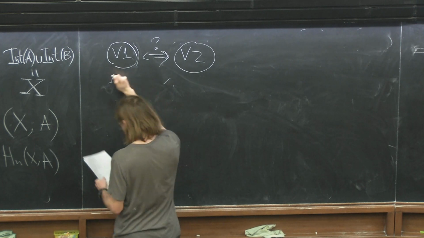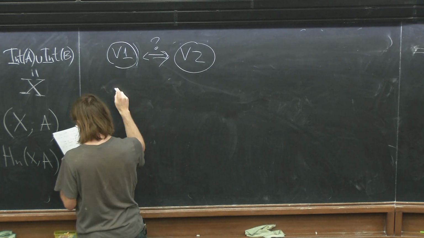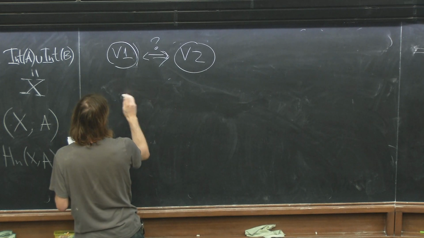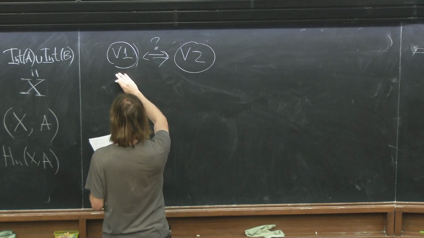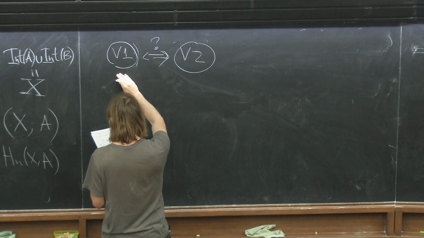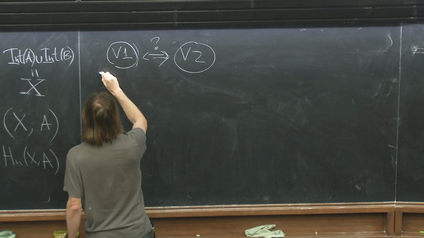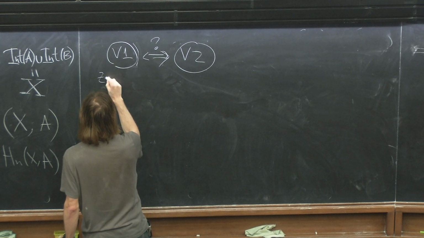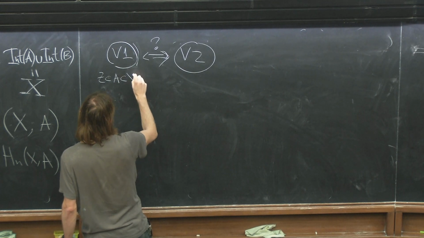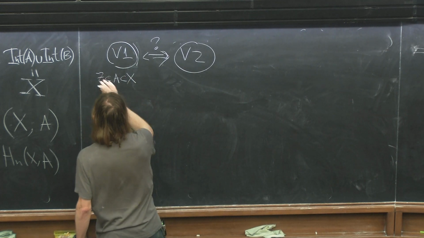Let me remind you. In V1 we had Z inside A inside X, and they satisfy some property.